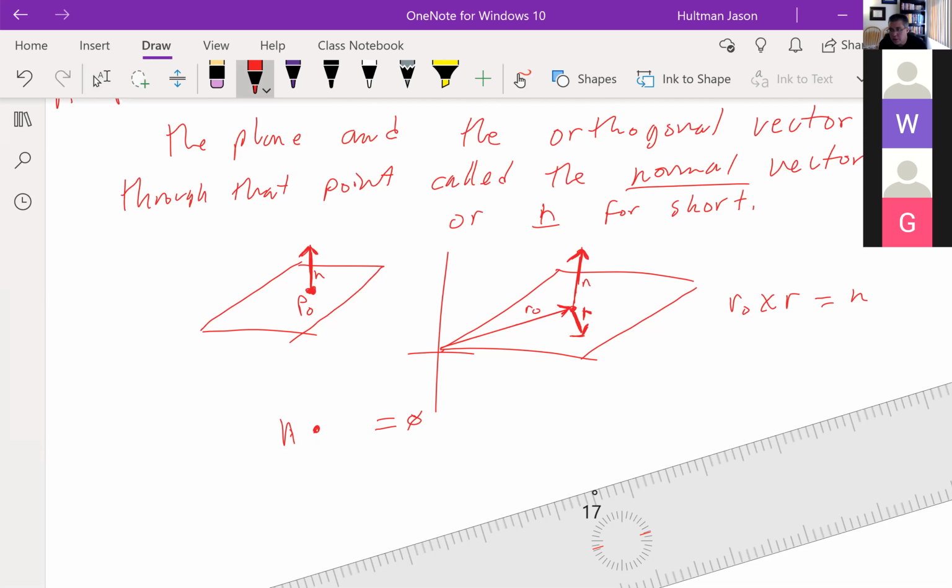Now I'm going to choose a specific vector on the plane. What I'm going to do is say, well, what is this vector here?